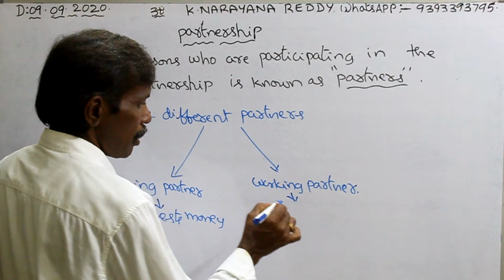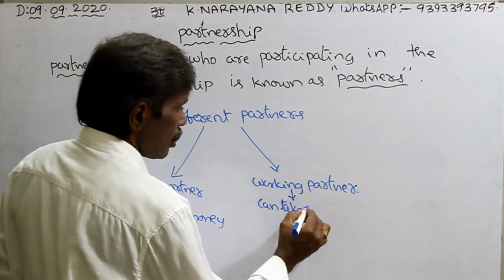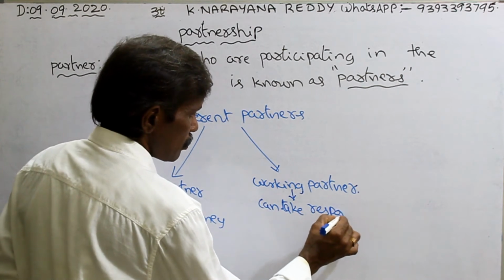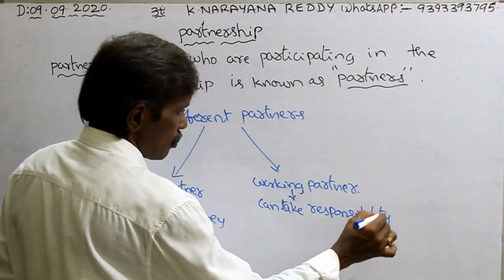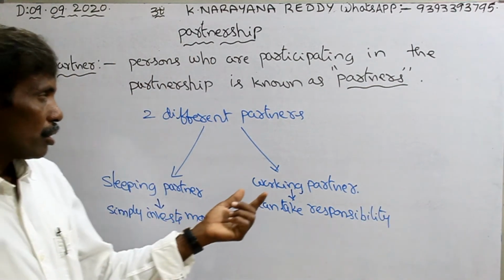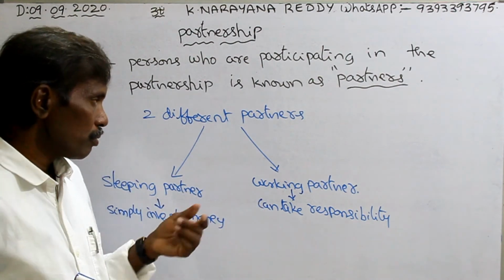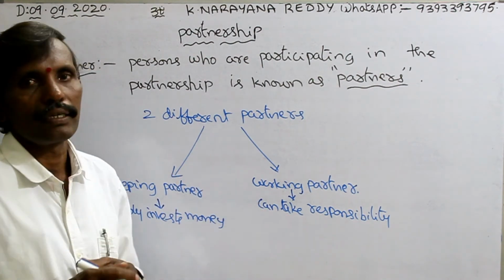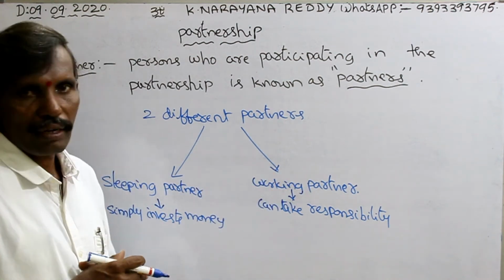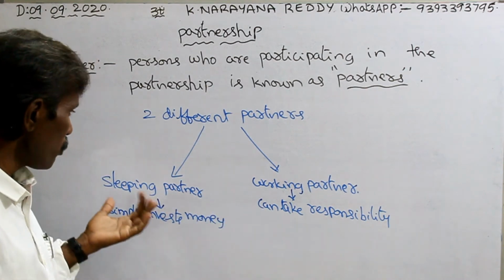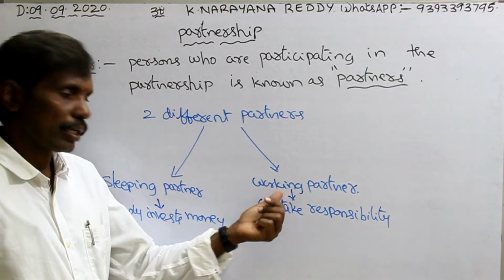A working partner can take responsibility. This person can be active in any part of the company, for doing business, for maintaining the company, factory, industry or organization. That is the difference between a sleeping partner and a working partner.